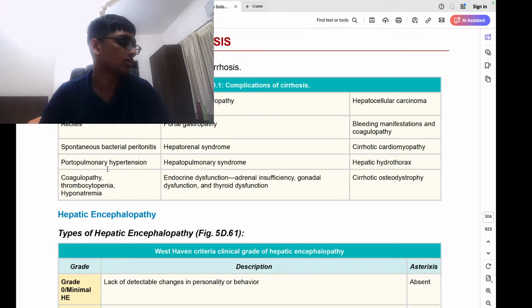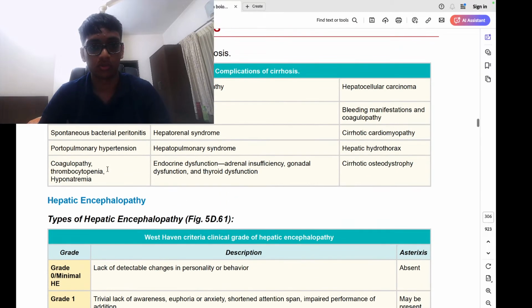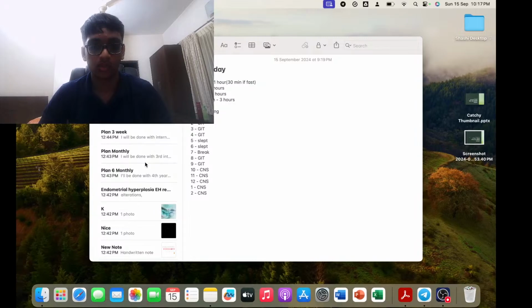Oh my god, we have Ganesh Chaturthi events going on. How much longer is this?